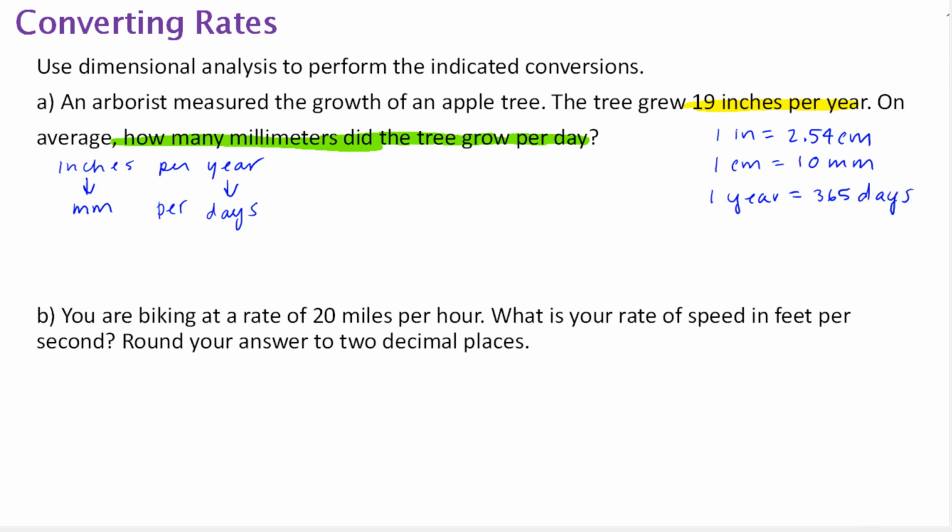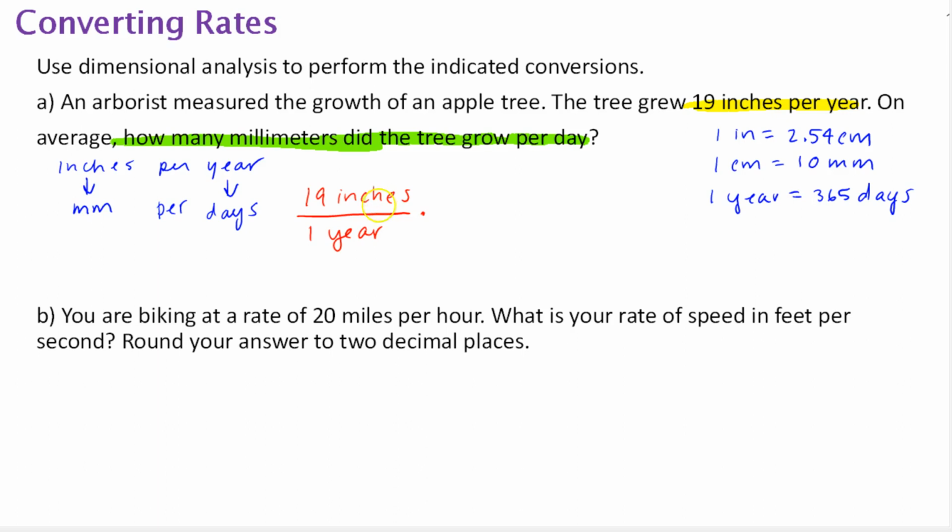Okay, so now let's start with our given amount, 19 inches per year. Let's change colors. So I'm going to write this as 19 inches as a fraction over 1 year. Okay. So let's change the inches to millimeters first. So we're going to write this as one long expression, but we'll do this one conversion factor at a time.